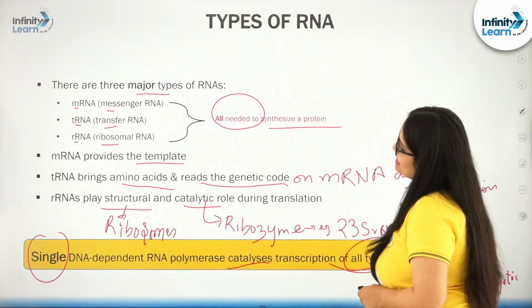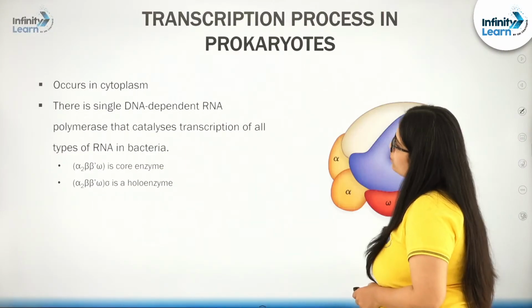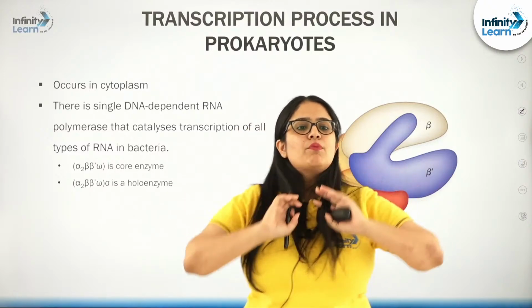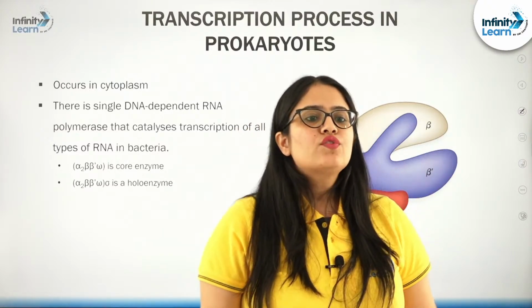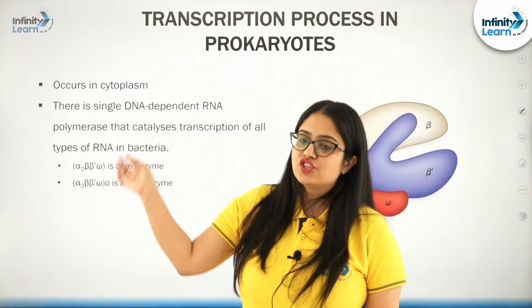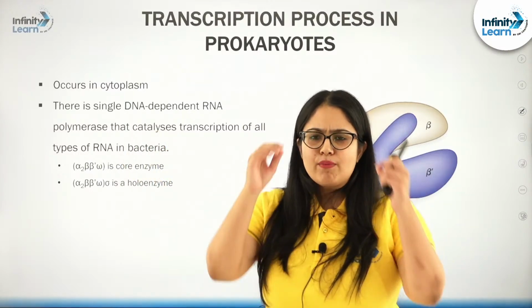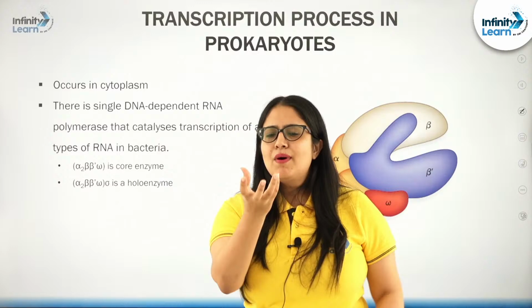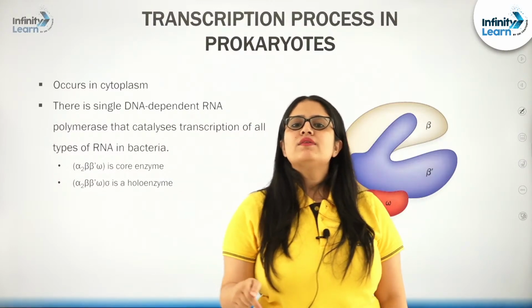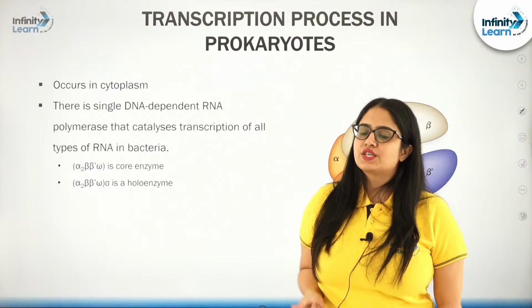Okay, now let us see, my kids, how the transcription process takes place inside a prokaryotic cell. The objective will be to understand the process, but before jumping into the process directly, I would love to discuss this enzyme, DNA dependent RNA polymerase, which is the main enzyme in the transcription process.